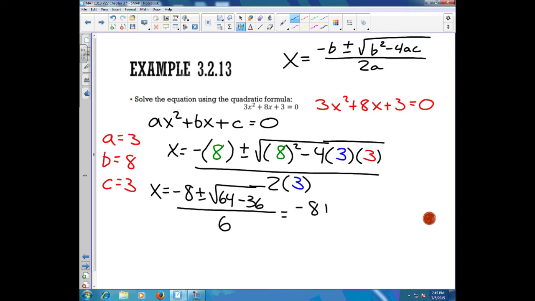So we get negative 8 plus or minus the square root, 64 minus 36 is 28, over 6. Now at this point we're close to the answer in general, but we're going to have to simplify this thing. And this is where the quadratic formula can become challenging.